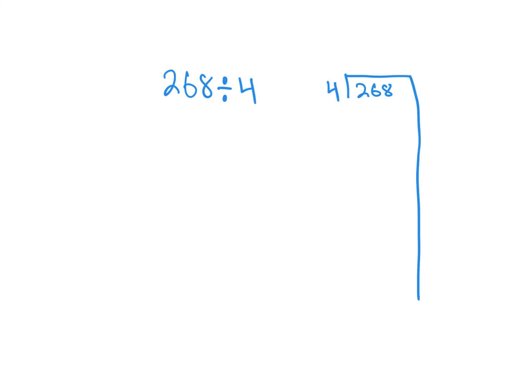You could do 4 times 20, 4 times 30, 4 times 40, any other number, as long as you don't go over 268. So 4 times 100, that's too much because 4 times 100 is 400. You know what, I'm going to do 4 times 30 to start. Why not? 4 times 3 is 12, so 4 times 30 is 120.